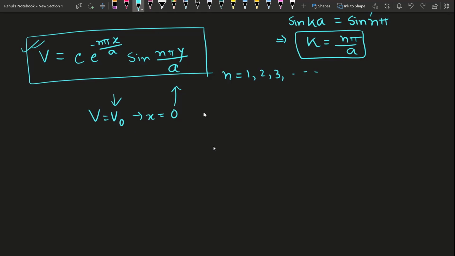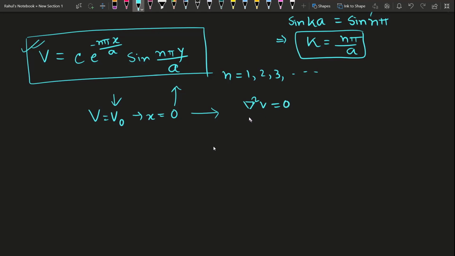Now for solving this, we'll use another property of Laplace's equation, and the property is the linearity property. The form of Laplace's equation is linear, in the sense that the equation was del square v equals to 0.